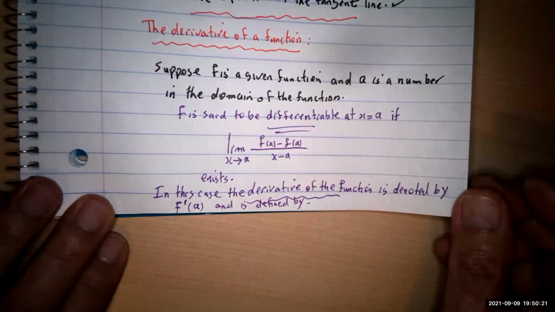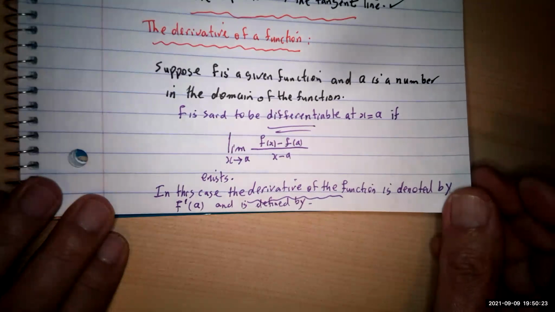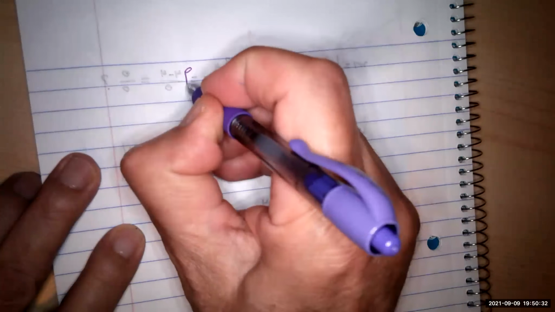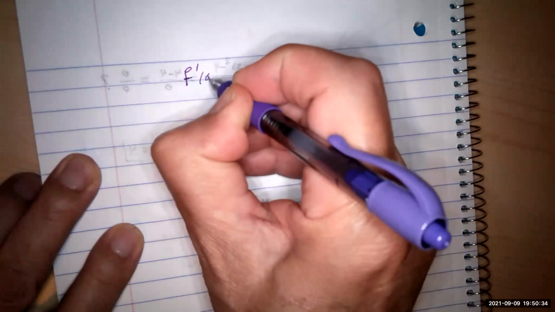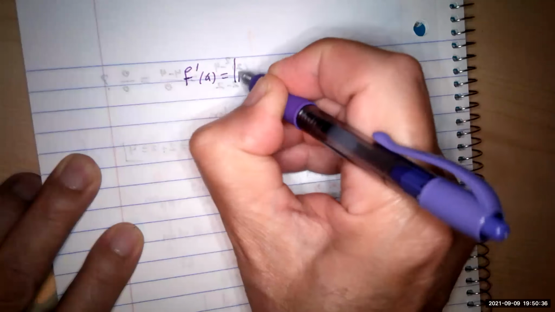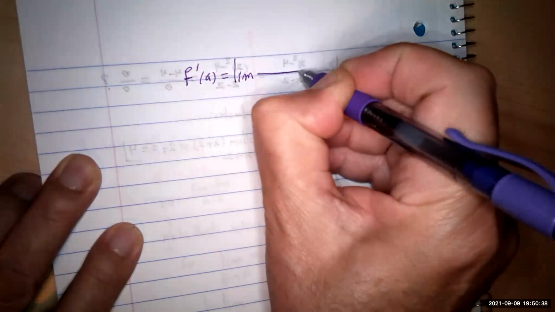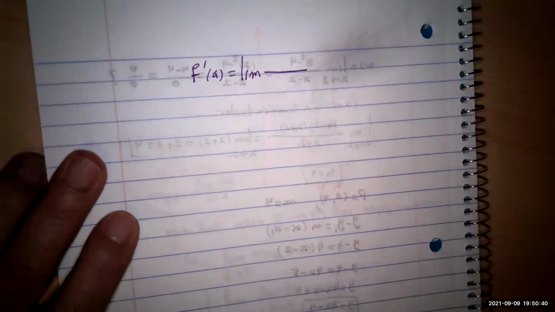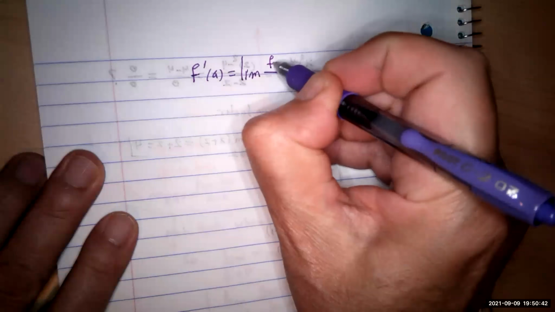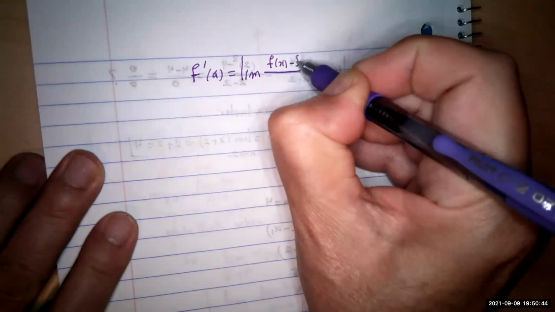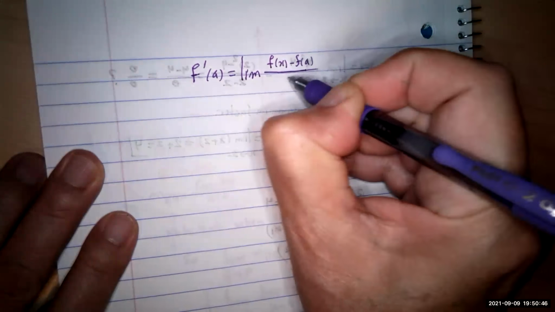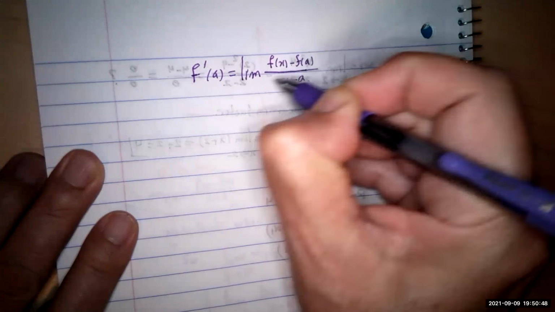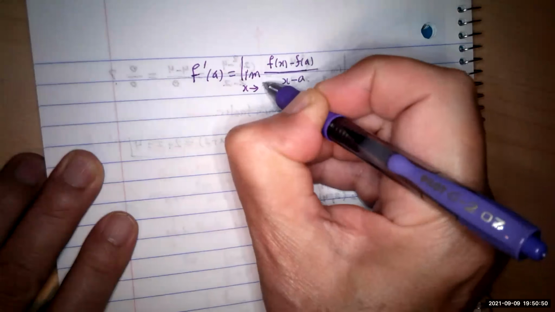So f prime of a is going to be the derivative of the function, and this is how we are going to find it. So f prime of a is equal to the limit of f of x minus f of a divided by x minus a when x goes to a.